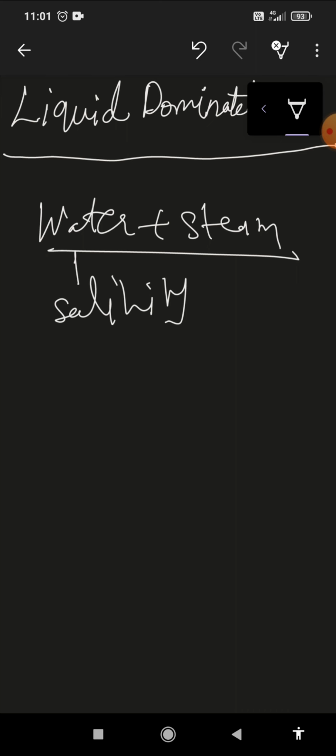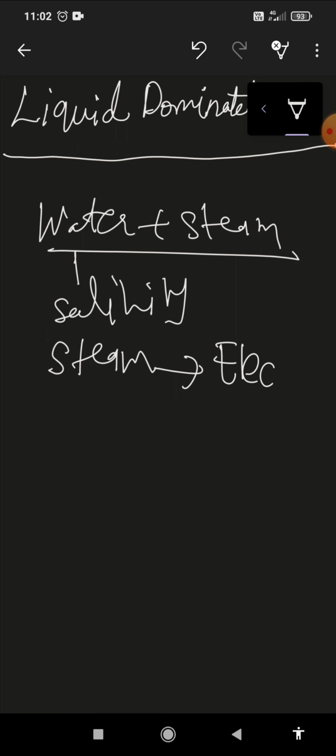So, when water comes to the surface, the pressure is reduced and rapid boiling occurs, and the liquid water flashes into a mixture of hot water and steam. So, this steam can be separated and used to generate electricity, and the remaining hot water can be utilized for process heating purposes.